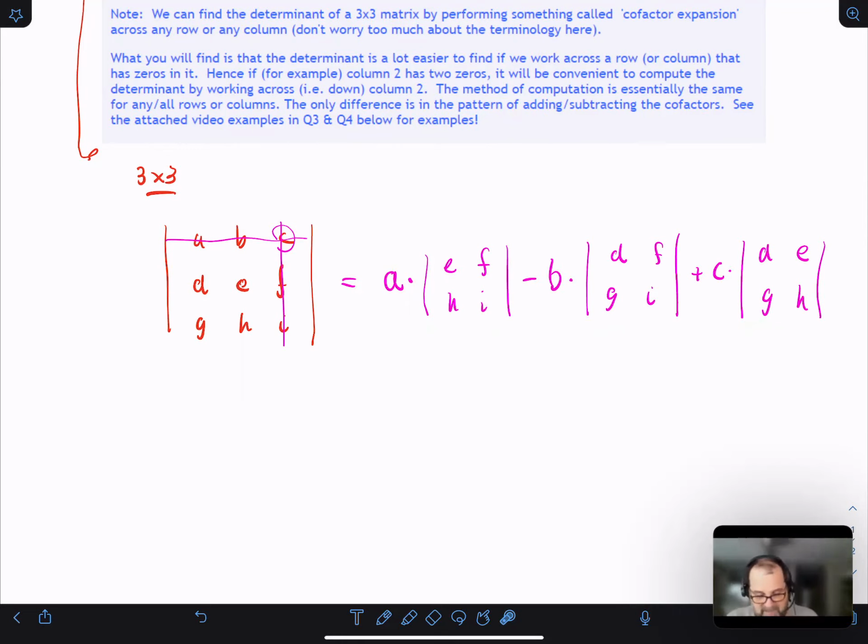So now that I'm expanding down this column, this would be starting with a minus B, and then I can alternate as before.